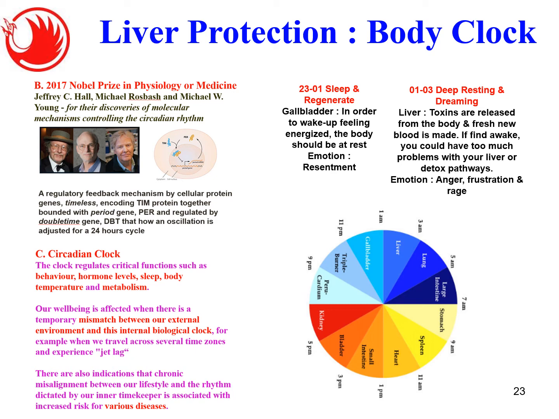They found that there is a circadian clock in our body that regulates all the critical functions such as our behavior, hormone level, body temperature, and metabolism, etc. In fact, Chinese TCM in ancient times also had a biological clock, but it is associated with organs.